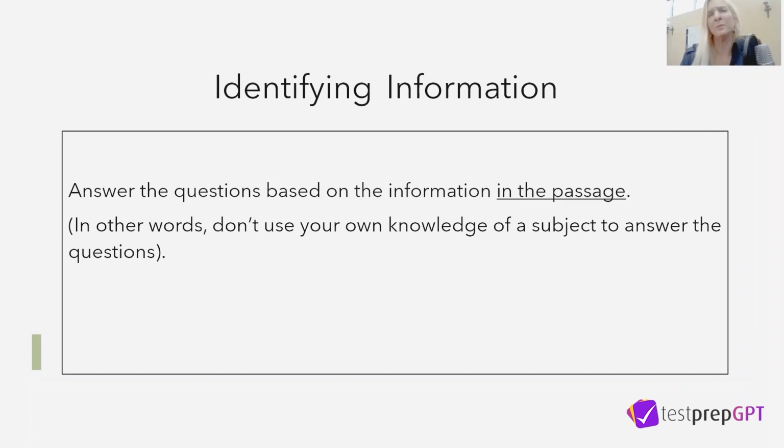So for example, if you have a reading passage about monkeys and you already know everything about monkeys and all the different types of monkeys, you don't need to bring any of your knowledge to the exam. You only need to answer the questions about monkeys from the text.